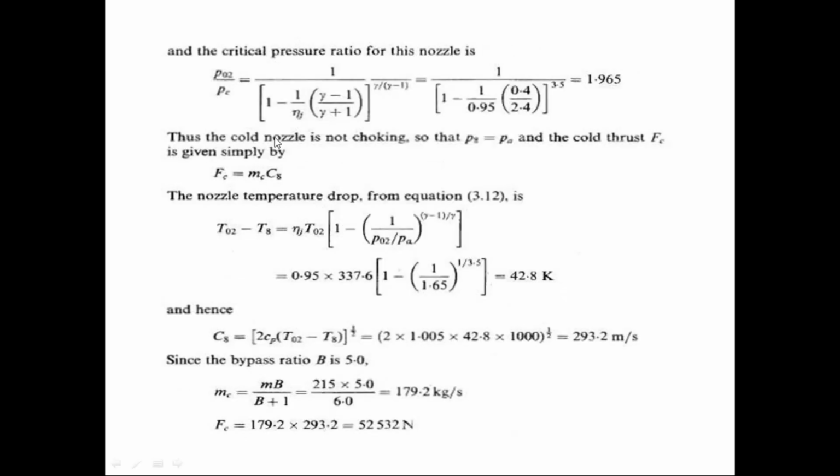The cold nozzle: as the fan pressure ratio is 1.65 and the critical pressure ratio for this nozzle is calculated, which comes out to be 1.965. Okay, so it shows that the cold nozzle is not choking because PC is actually lower than PA, and thus the cold nozzle thrust is given by simply the momentum thrust.